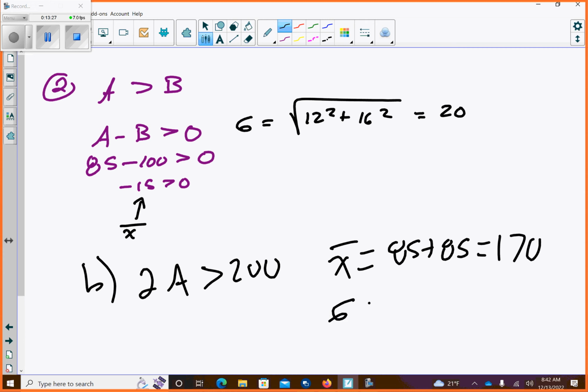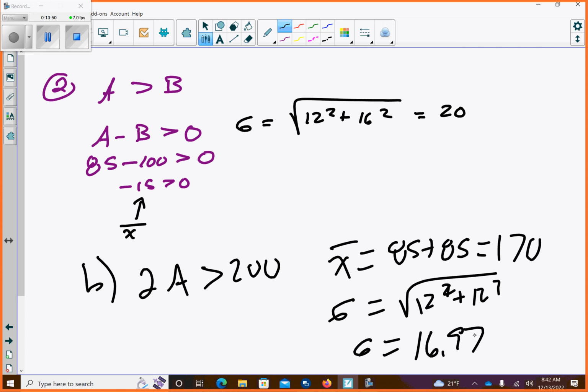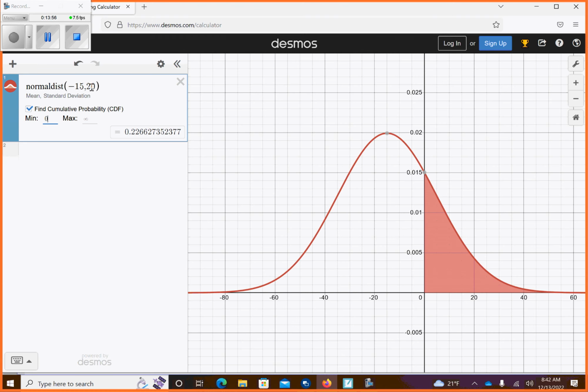Our standard deviation will be 12 squared plus 12 squared. So that's root 288. So we have a standard deviation of 16.97. All right, so then we're going to change our normal distribution to what they have, 170 and 16.97.